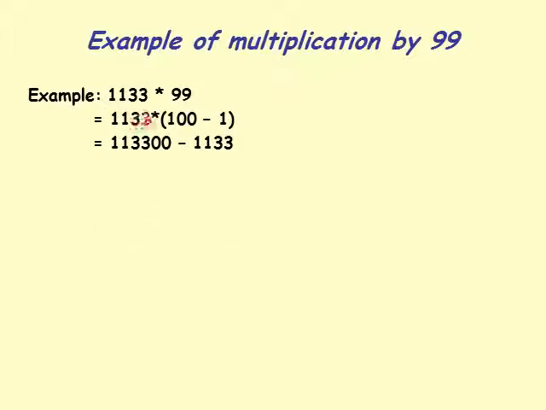So 1133 times 100 is 113300. 1133 times minus 1 is minus 1133. Let's subtract this number. So the answer is 112167. So 1133 times 99 is 112167.